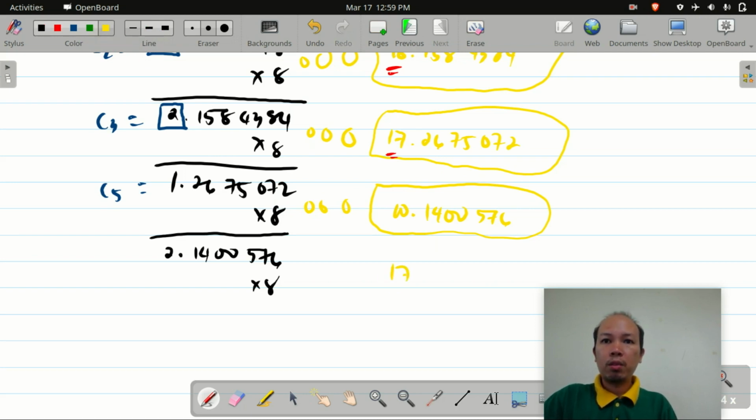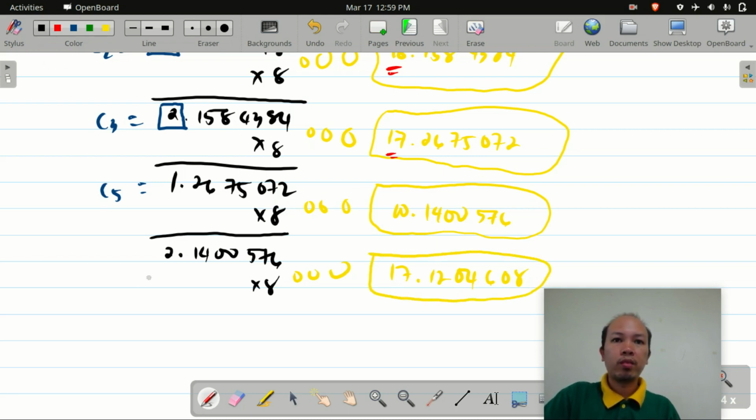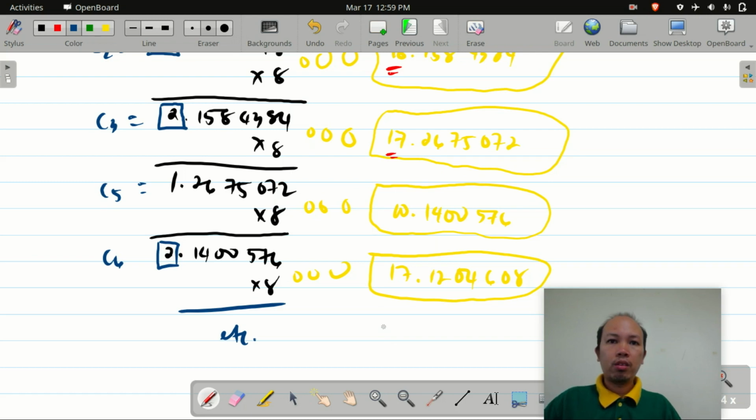We have 17.1204608. So this is C sub 6. Okay, so etc. We continue the process.